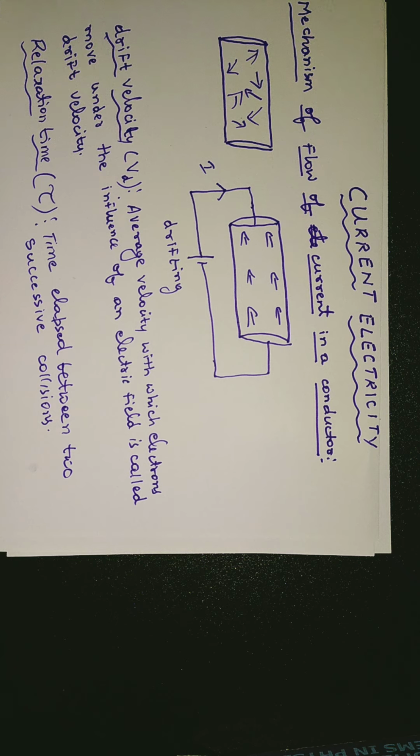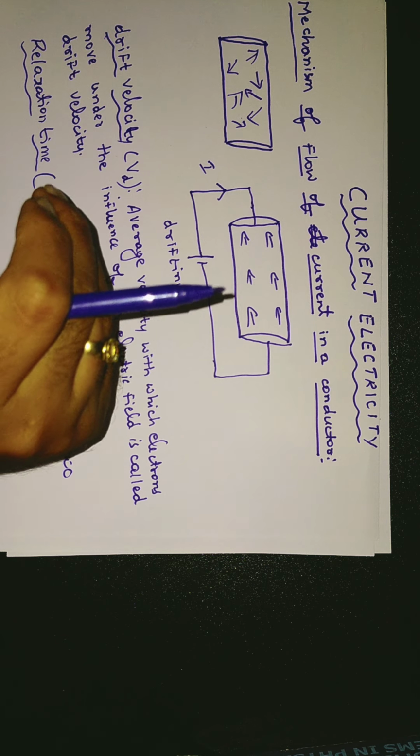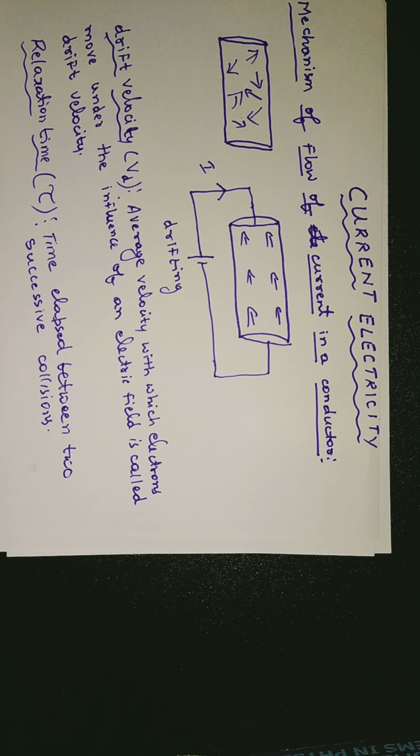So, how to define drift velocity? It is the average velocity with which electrons move under the influence of an electric field. Then relaxation time. See, if you consider one electron, it suffers collision with a neighboring electron, then it gets accelerated and then suffers one more collision.